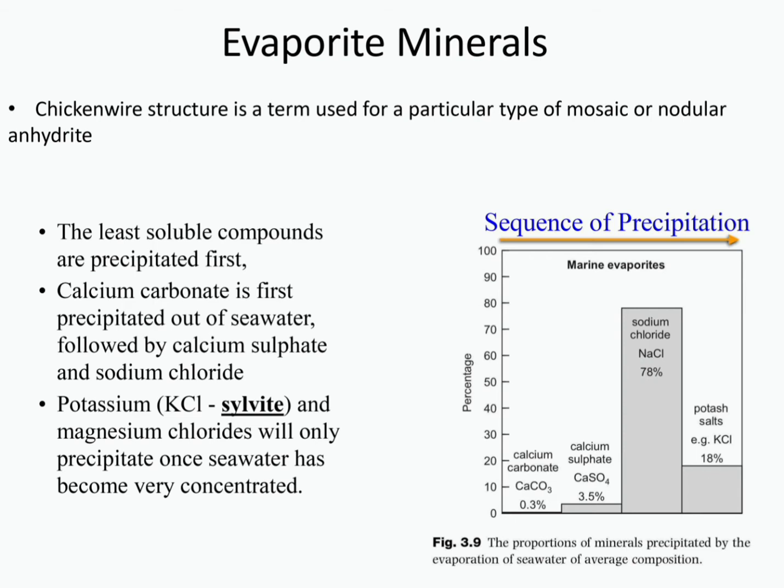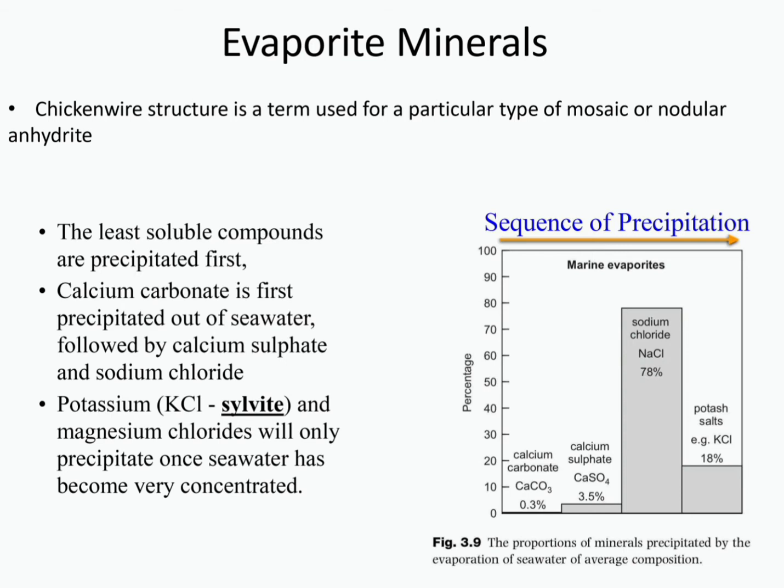Okay, now you will see the least soluble compounds are precipitated first. What does that mean? The least soluble, those that don't dissolve easily, will precipitate first. So calcium carbonate is the first precipitated out of the seawater.